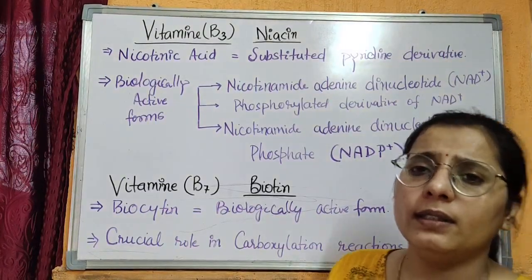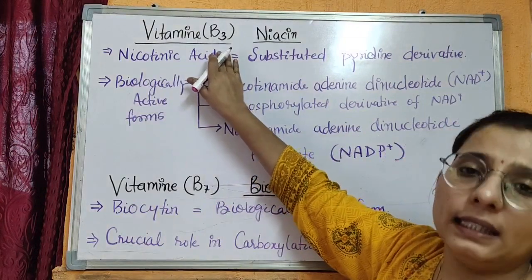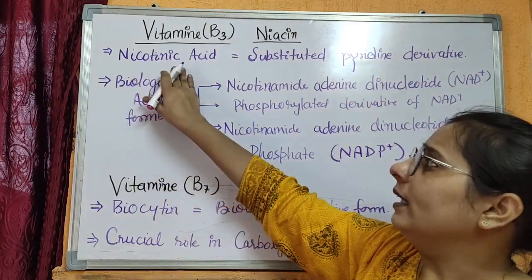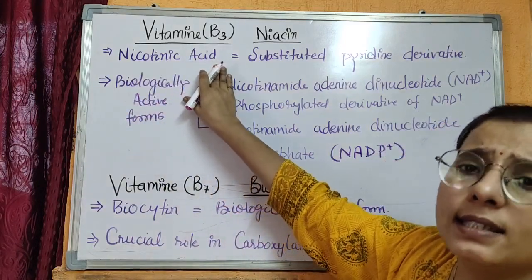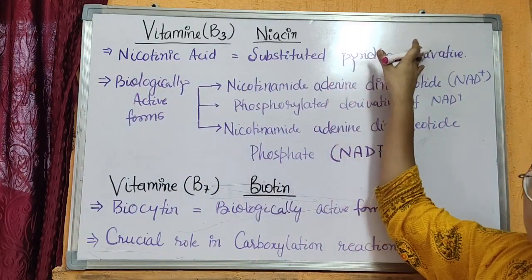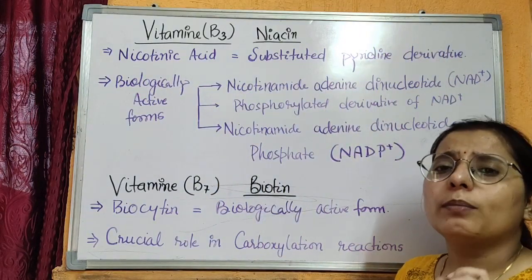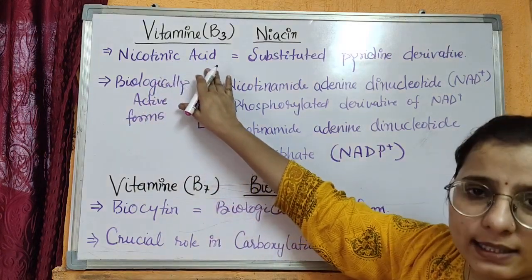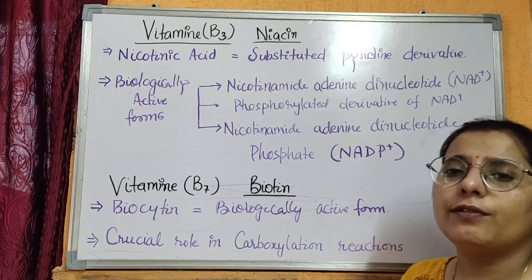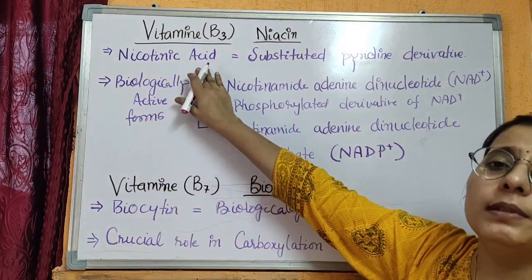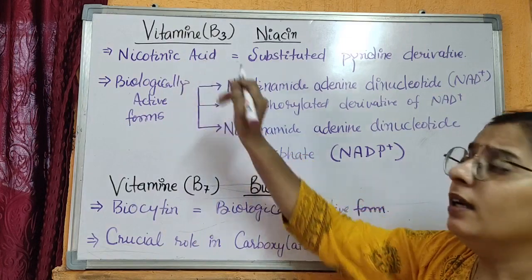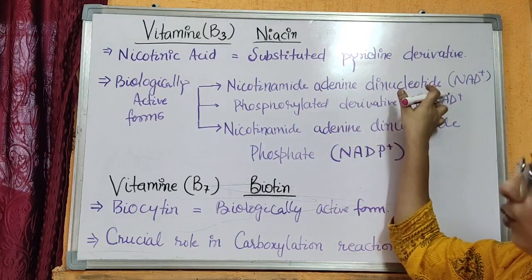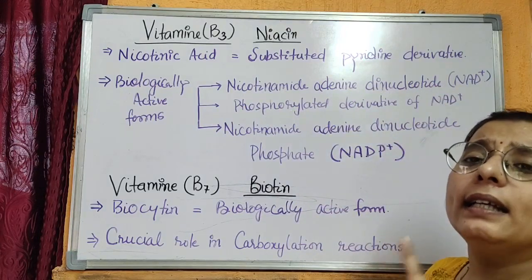The next vitamin is vitamin B3, that is niacin. It is also called nicotinic acid. It is a substituted pyridine derivative. When we substitute a molecule in pyridine, it forms nicotinic acid. The most active biological forms of nicotinic acid or vitamin B3 are 3 in number. The first one is nicotinamide adenine dinucleotide, also called NAD+.